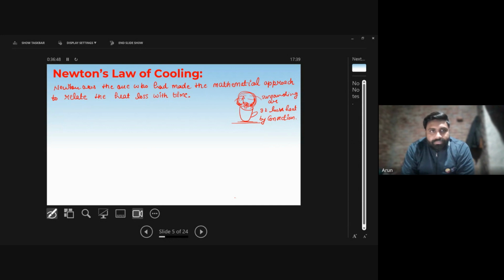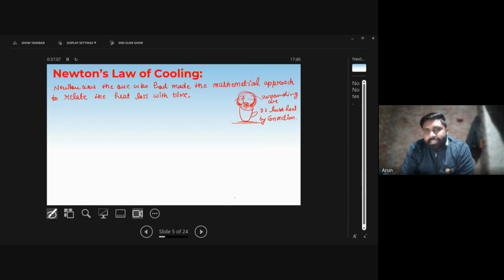So we are here in Newton's law of cooling. We are discussing how Newton found a way to describe the mode of heat transfer, which is convection, and which is far more complex than conduction and radiation, in mathematical terms.